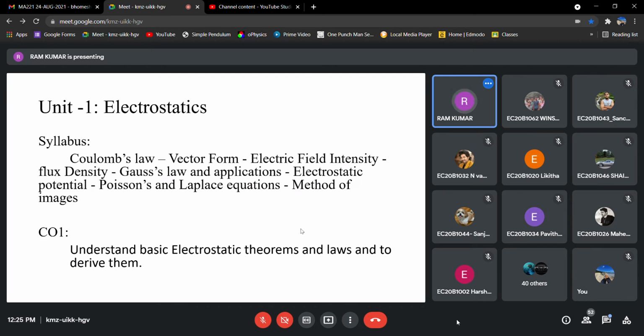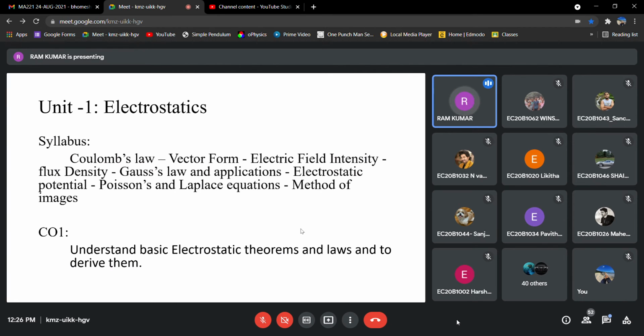And what equations are involved to study this electric field in static position, the static electric field. So this is what we are going to discuss in unit 1. Already you have been taught Coulomb's law, vector form, electric field intensity, flux density, and Gauss law and its application. After that, we have electrostatic potential, Poisson and Laplace equation, method of images.